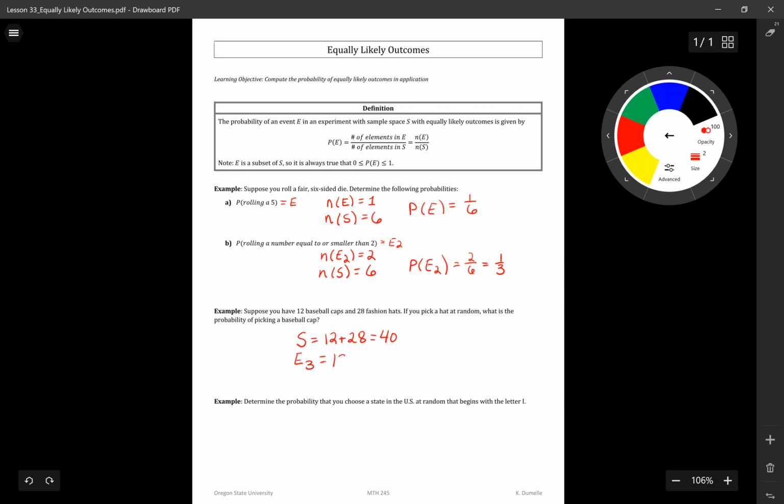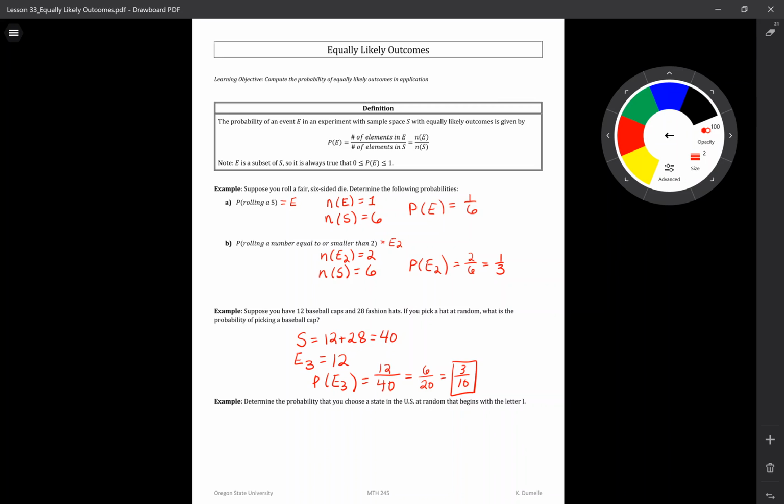I have 12 of those. So the probability of picking a baseball cap is 12, the number of baseball caps I have, divided by 40, the total number of things I'm choosing from, which is equal to 3/10. So if you pick a hat at random, there's a 30% chance that you will choose a baseball cap from your collection.